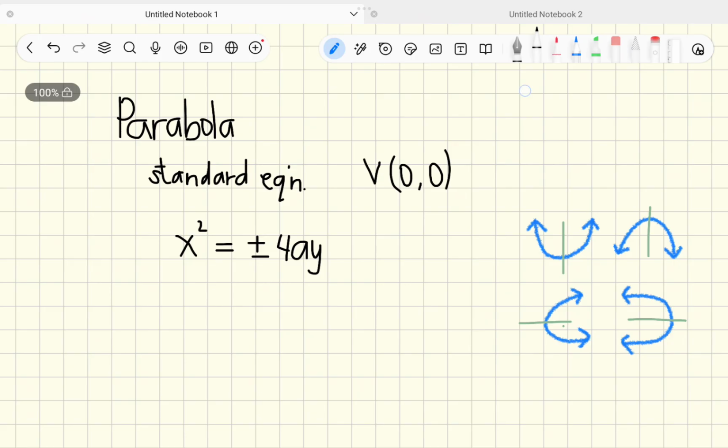So going back to your parabola, you have the focus here in the middle. Now there is a line that passes through that focus, and that line will have endpoints lying on the parabola.